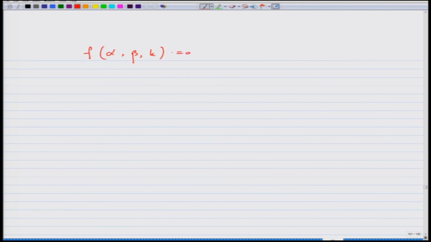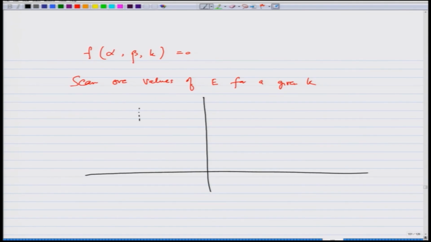So, you ask your computer now to scan over values of E for a given k. Again I will restrict myself, because I can do so by Bloch's theorem, to k between minus pi by a and pi by a, and ask the computer to satisfy this function to be equal to 0 for different values of E for a given k.